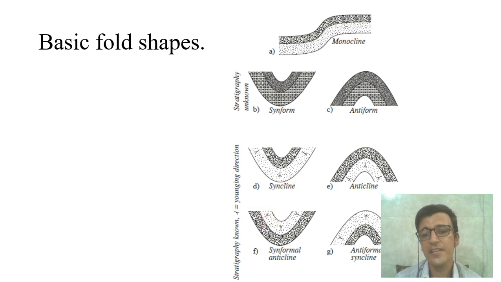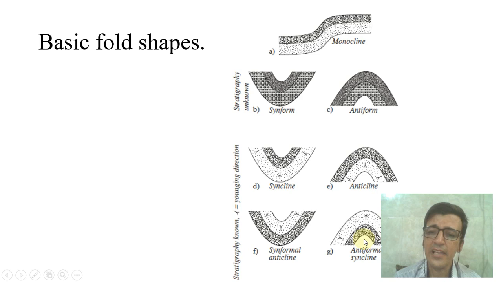At first view you can see this is a syncline, but this is not true. This is a synformal anticline. The shape is synformal, but in fact this is an anticline.